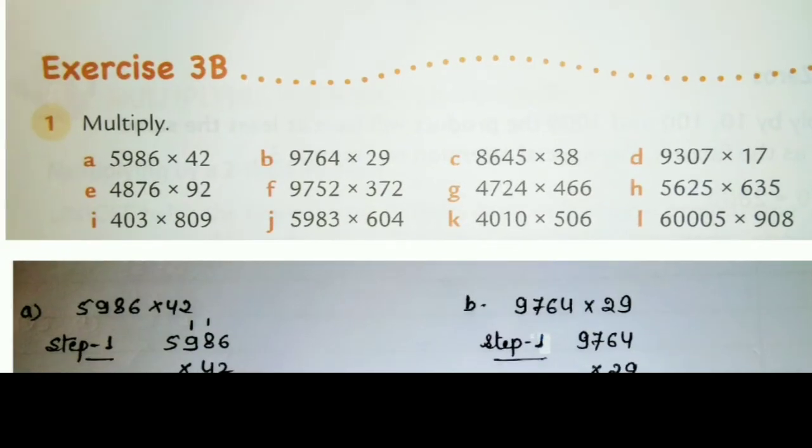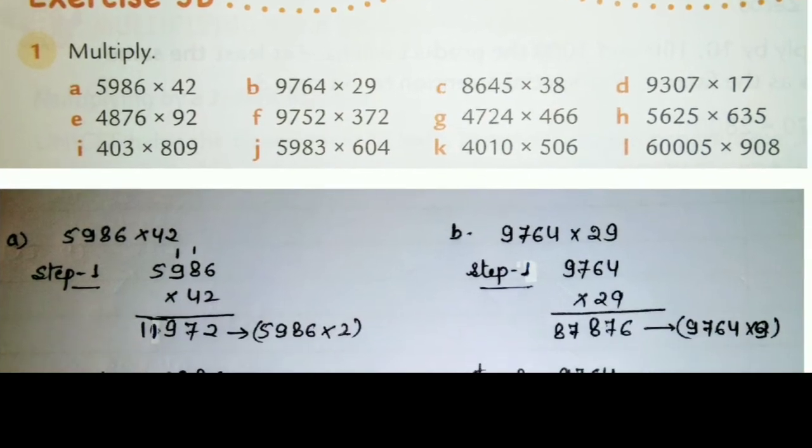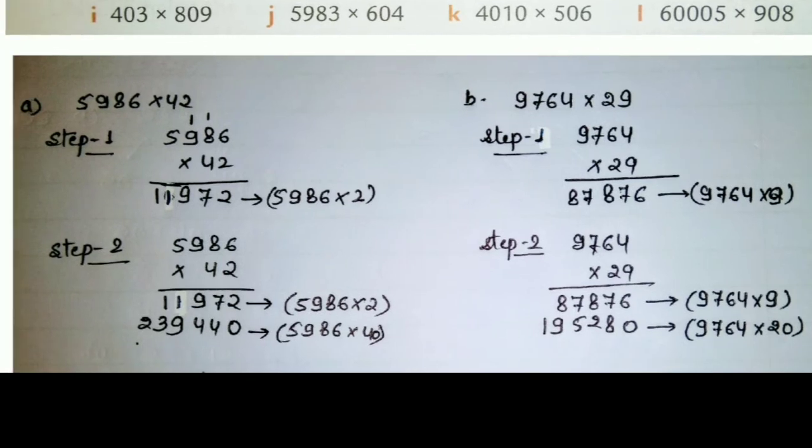See, exercise 3B. In this one, we have to multiply by 2-digit and 3-digit numbers. So, see, some questions I have solved here. 5986 multiply by 42. So, step by step, first multiply by the ones digit, then multiply by the tens digit, it means 40.